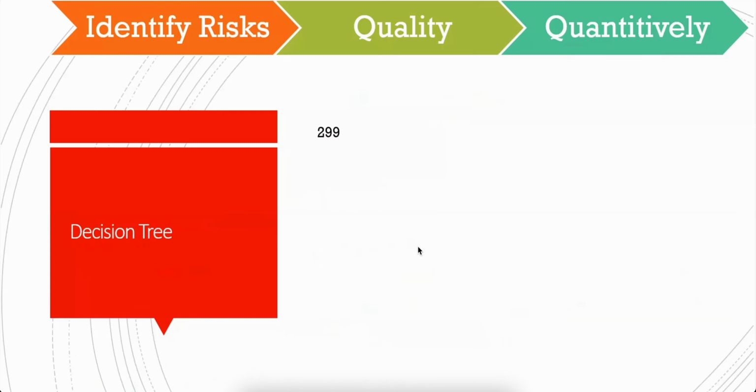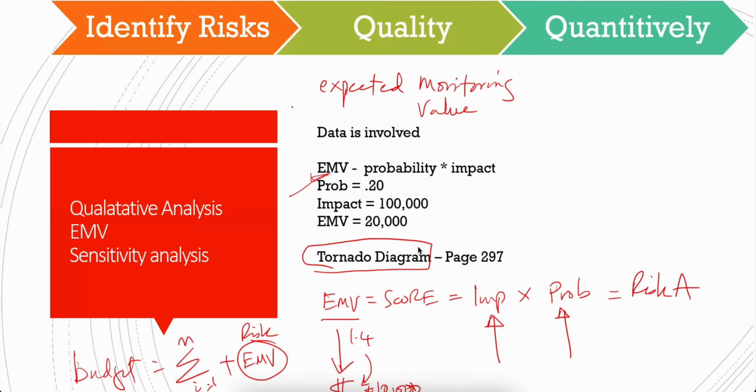Decision tree. So let's look at decision tree. Let's just take a simple example so you understand what a decision tree is. So in the book, tornado diagram is on page 381. It's not 297, it's 381.